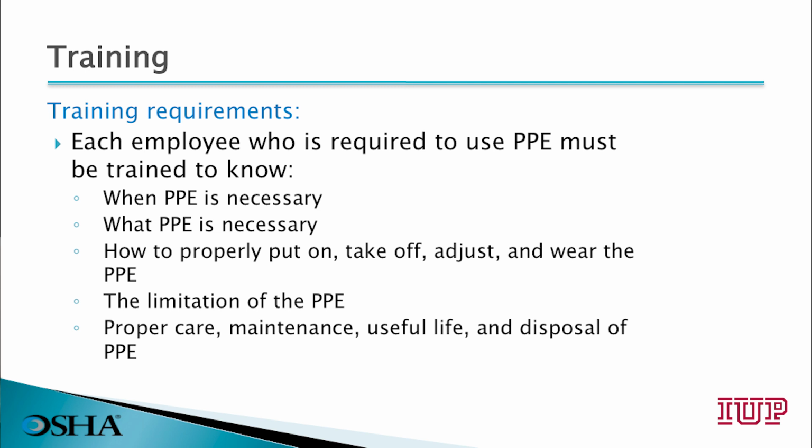Each employee required to use personal protective equipment must be trained to know when PPE is necessary, what personal protective equipment is necessary, how to properly put it on, take it off, adjust it, and to properly wear it. The worker also needs to understand the limitations of that personal protective equipment and the proper care, maintenance, the useful life, and the proper disposal of any contaminated PPE.